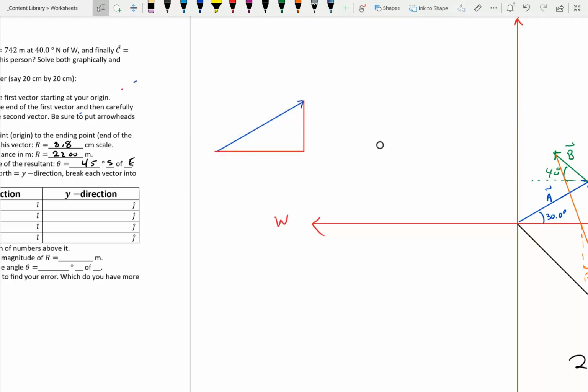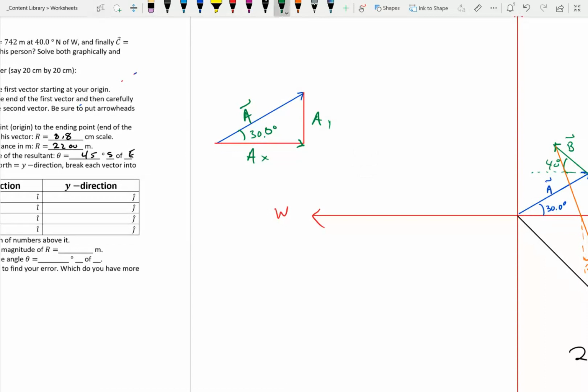Okay, so there I have the components. Remember, the components have to add up to the whole. So I have this here, A vector, this is AX, this is AY. There is my angle of 30 degrees, 30.0 degrees, I think.